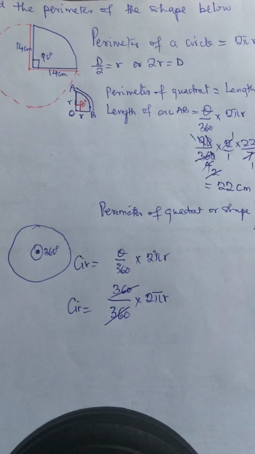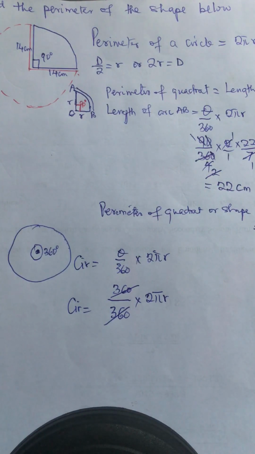So you see the reason why the circumference, or the perimeter, or the length of the arc of a full shape does not have that theta over 360, because theta is 360 and 360 over 360 will give me 1.